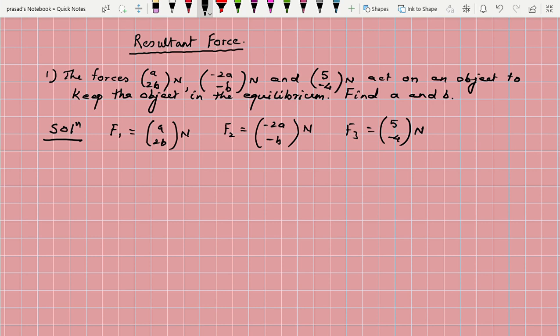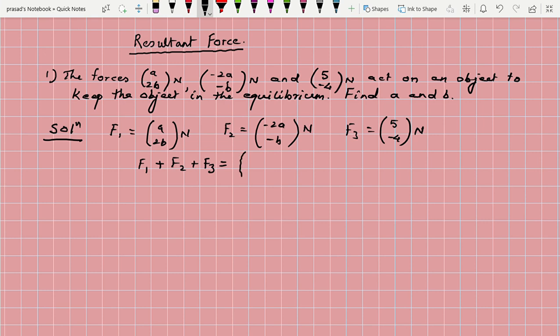And let us take the sum of these three forces, F1 plus F2 plus F3. Obviously, this is the vector sum. So that is the resultant.